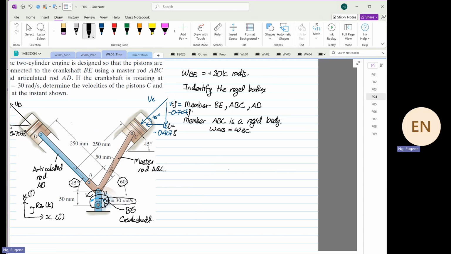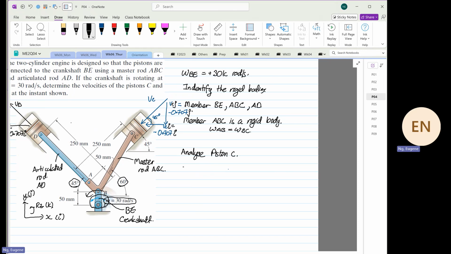So let's start from C. Let's analyze piston C. So what we can determine from here by looking at piston C? ABC is a rigid body, right?